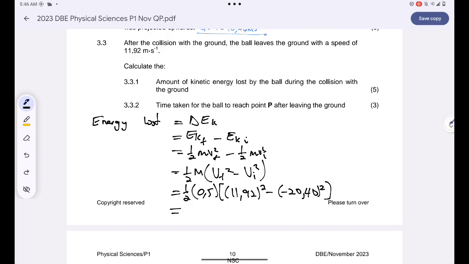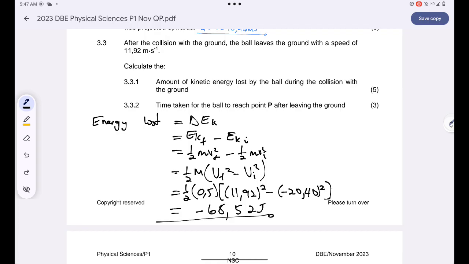Let me punch: 1 over 2, the mass is 0.5, I have 11.92 squared minus negative 20.40 squared. This will give me negative 68.52 joules.